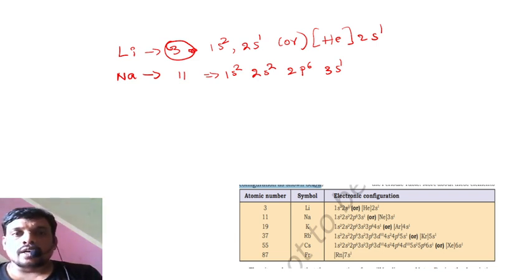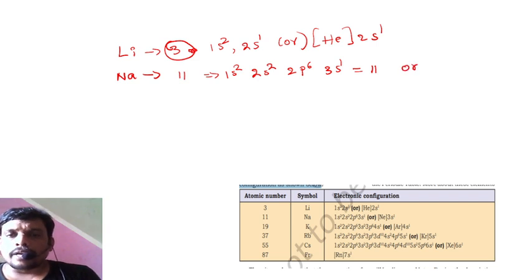In 1s 2 electrons are there. In 2s orbital 2 electrons are there. In 2p orbital 6 electrons are filled. In 3s orbital 1 electron filled. Total 4 plus 6 is 10, and in 3s orbital 1 electron is there, equal to 11, the electronic configuration with the atomic number 11. You got my point?